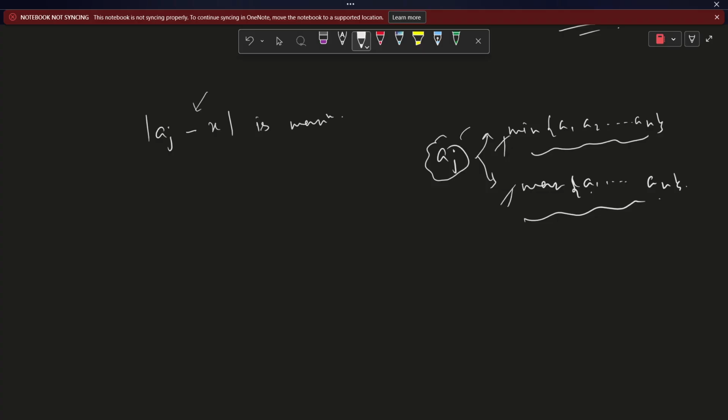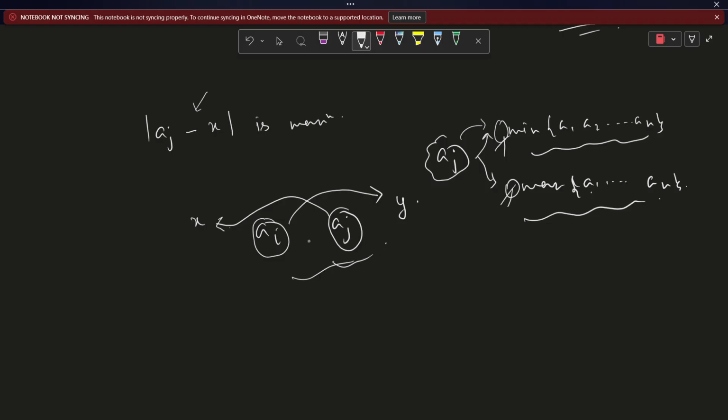If I do a procedure like this, let's say there are two numbers, AI and AJ, and let's say my minimum is X and my maximum is Y. For AI, my maximum difference is with Y, and for AJ, my maximum difference is with X. It can also be that for both AI and AJ, the maximum difference is with Y. But let's just consider the first case first.